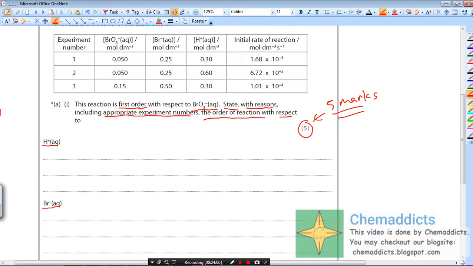Okay, so now at first let us compare experiment 1 and 2. In experiment 1 and 2, the bromate ion concentration is kept constant.